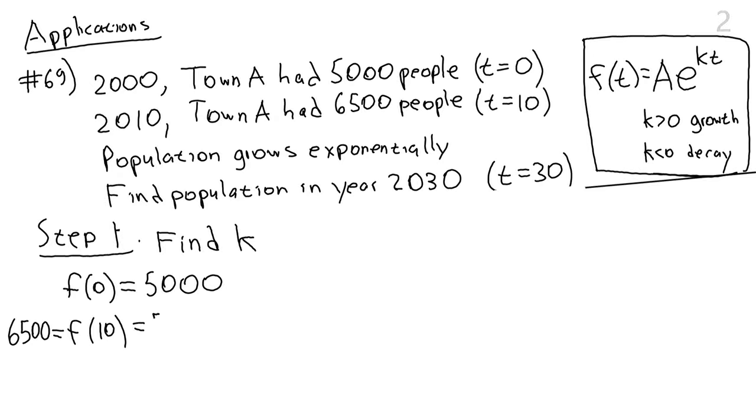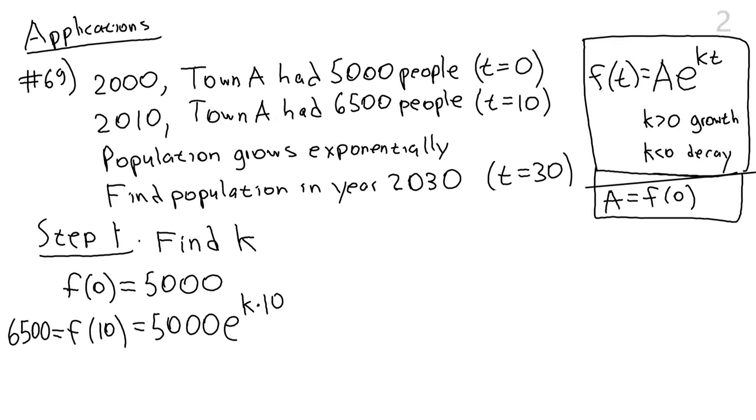So this must equal 5,000 e to the k times 10. We plug in 10 in our formula. It is always the case that a equals f of 0. If we plug in 0 into this exponential function, e to the 0 is 1, and so we're just left with a.